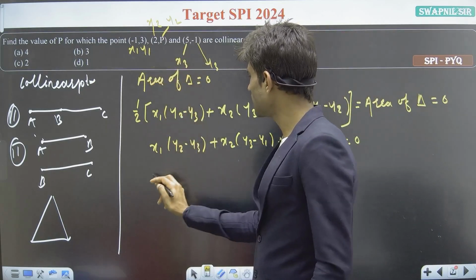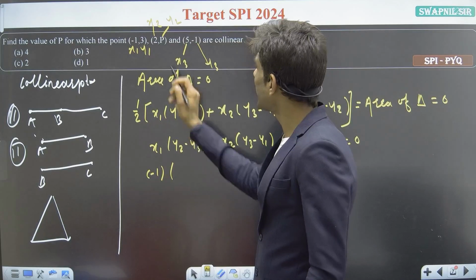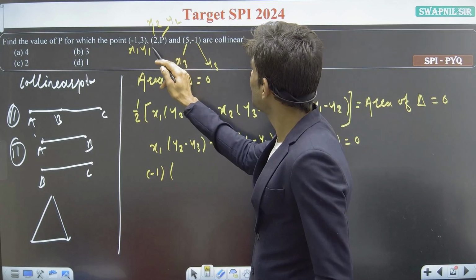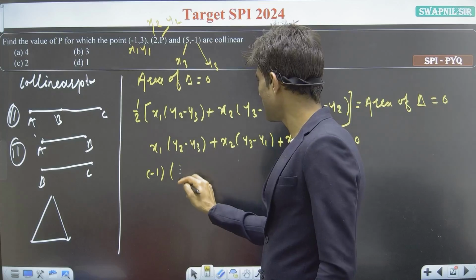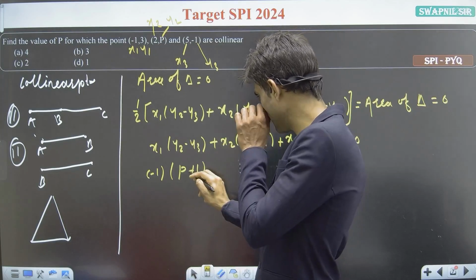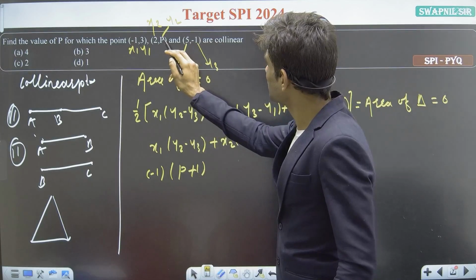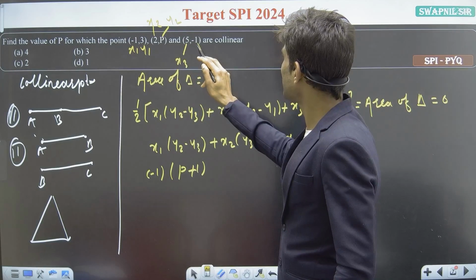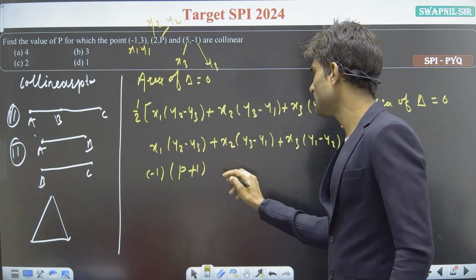So what is the value for x1, which is -1, times y2 minus y3. Now P minus -1, that means P plus 1 here. y2 minus y3 means y2, which is equal to P, minus y3, which is minus of -1, which is +1.